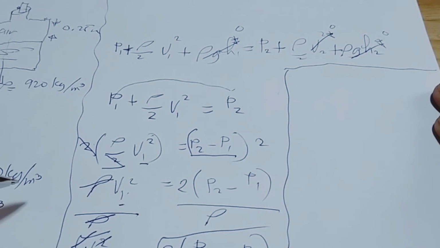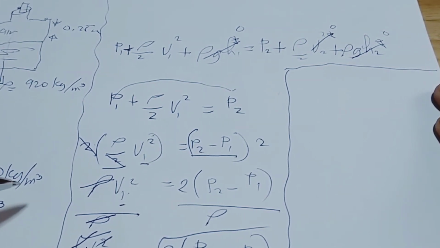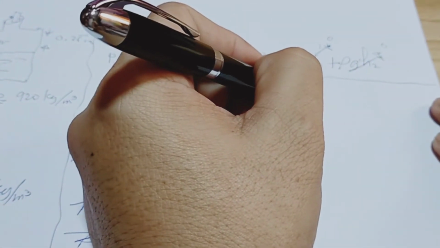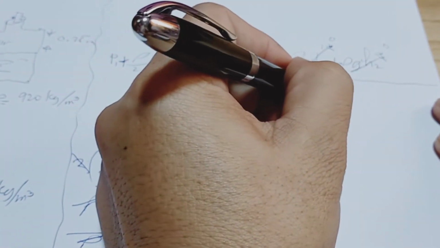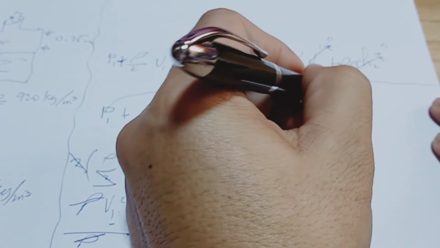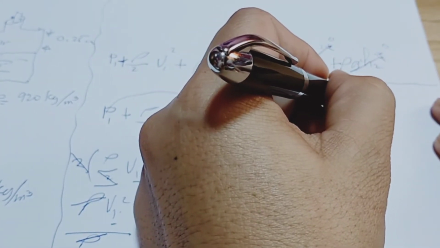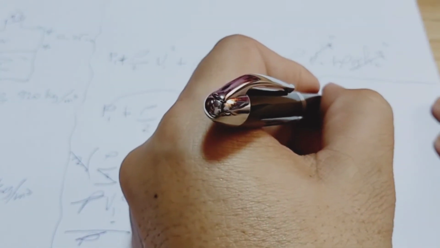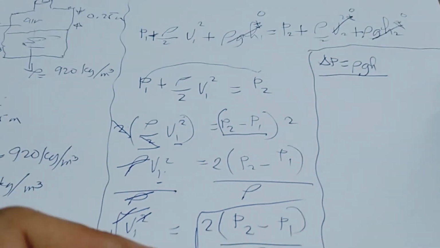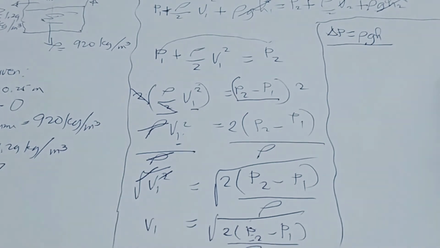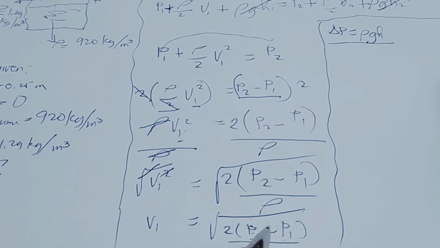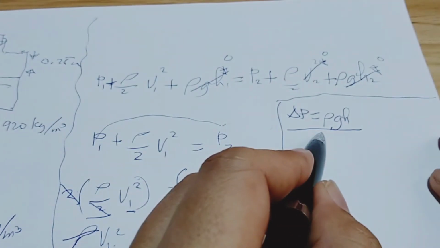Kapag sa gauge pressure kasi, kapag nagbabago yung pressure or delta P, that is equal to density times acceleration due to gravity times height. So, therefore, kung ito po ay ipapalit natin dito, yan. Change in pressure yan, P sub 2 minus P sub 1. So, pwede nating palitan itong delta P.